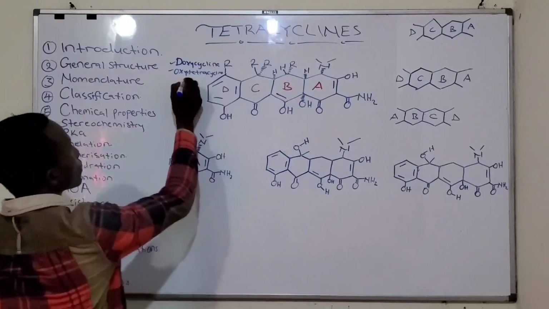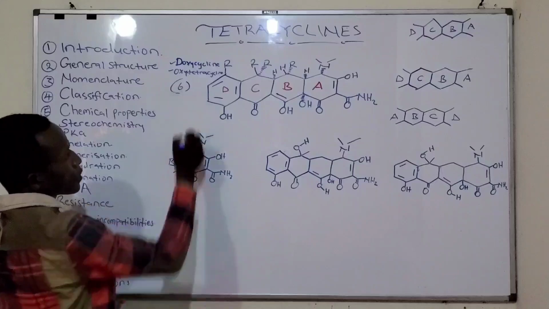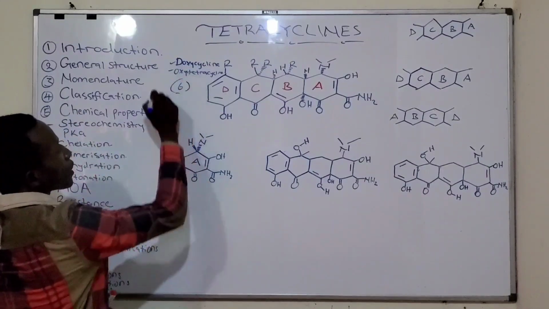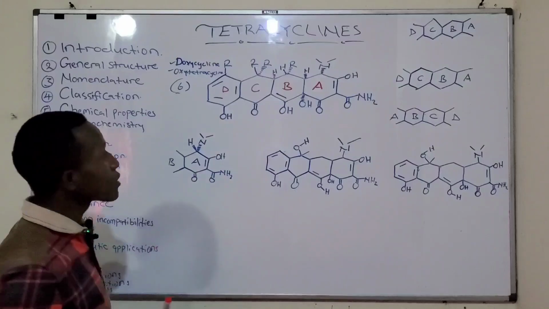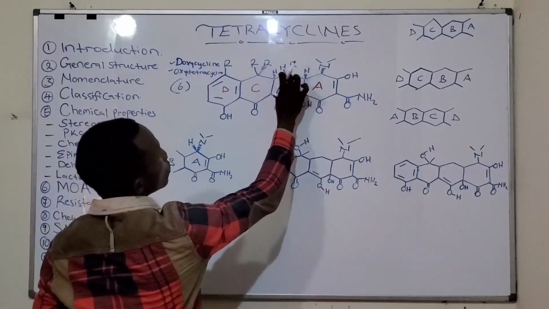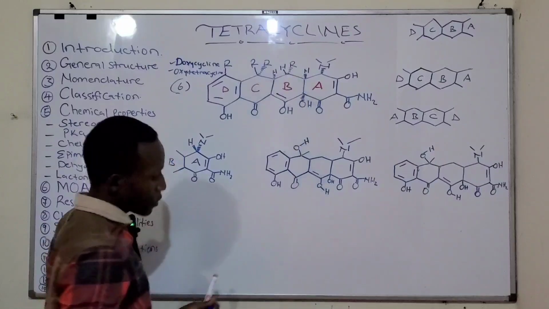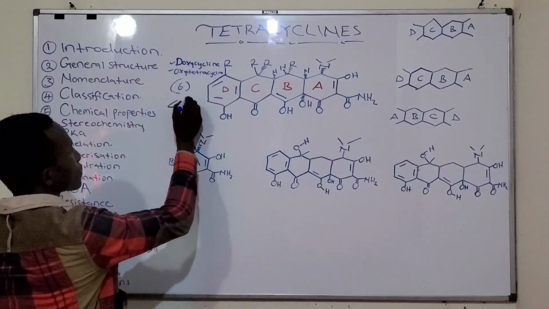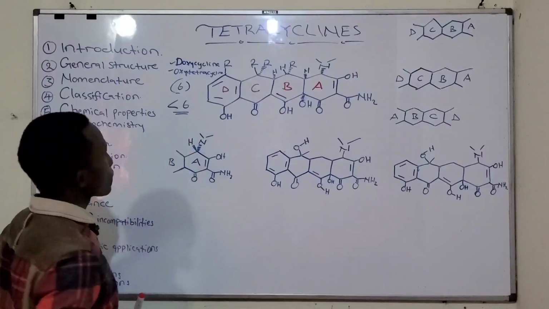So they have 6 chiral carbons. Other tetracyclines have less than 6 chiral carbons because they have no OH group at position 5.